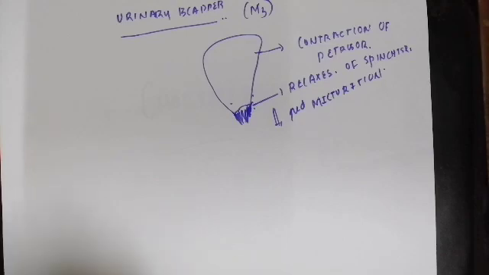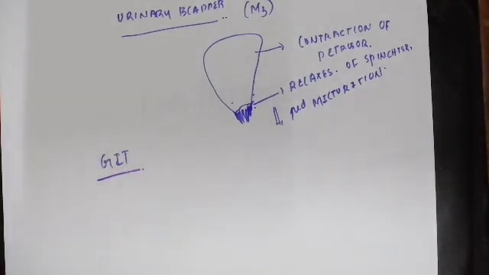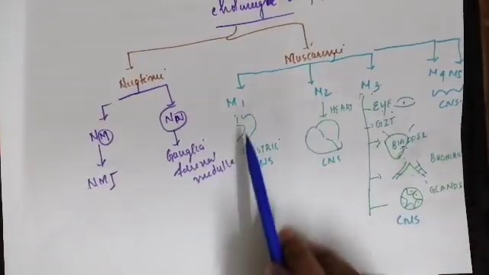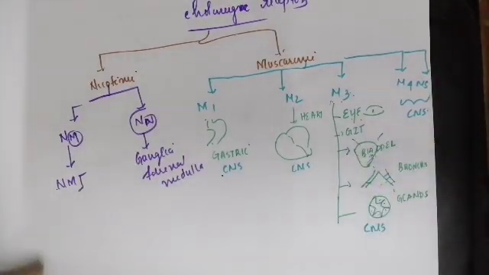Now you see the gastrointestinal tract. If you see the earlier section, we have said that the M1 receptor is present in the GIT, and moreover the GIT also contains the M3 receptor.